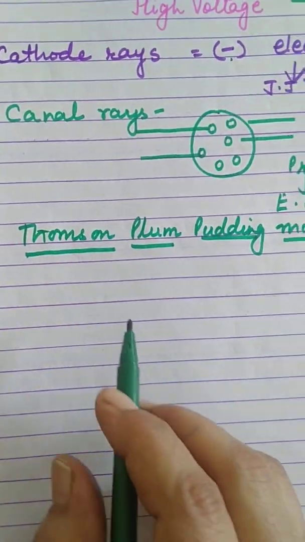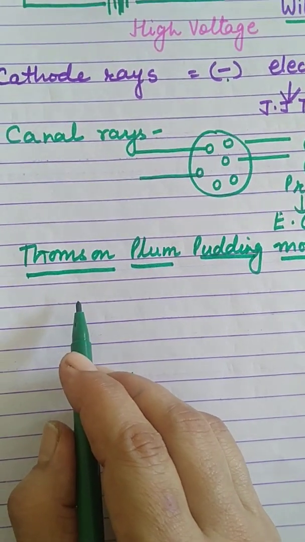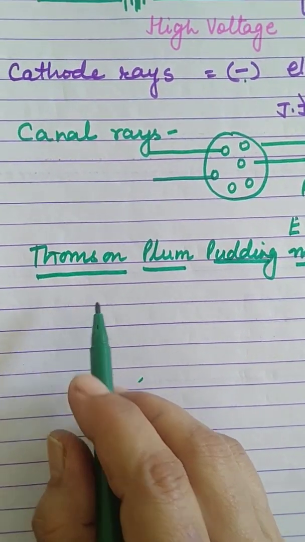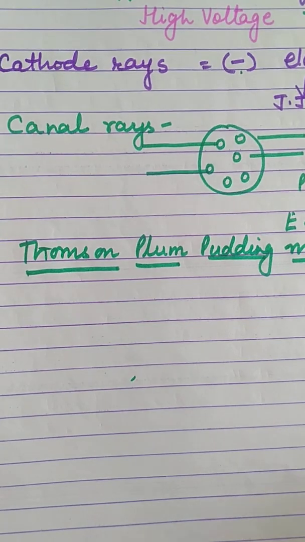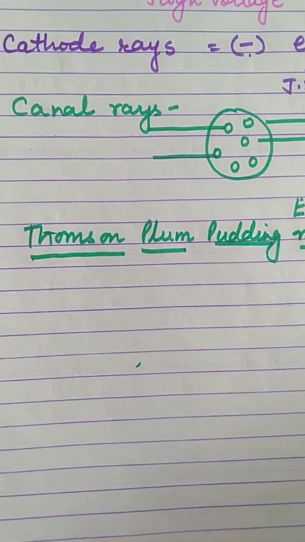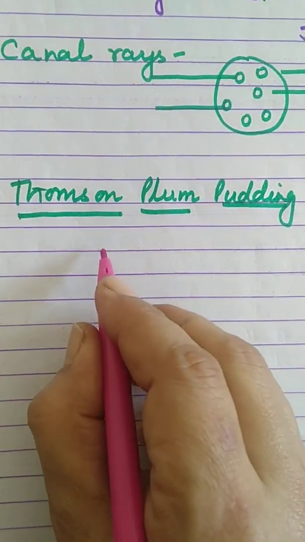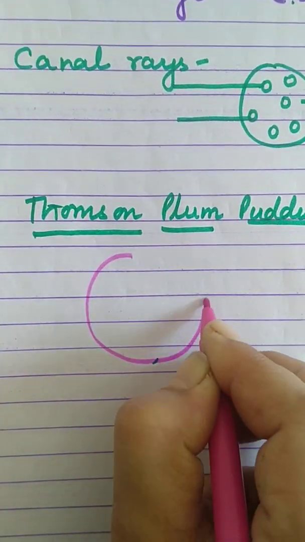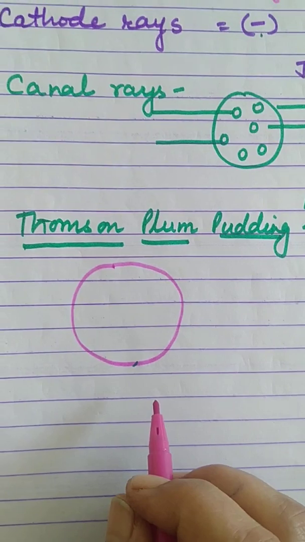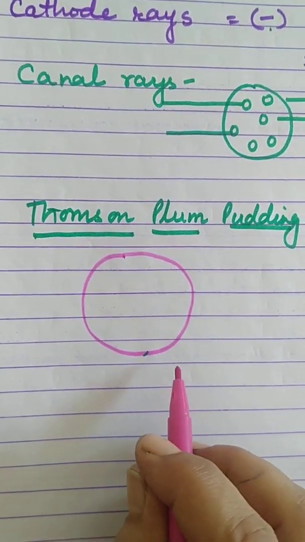What did he say? J.J. Thomson said that the structure of an atom is like a pudding.